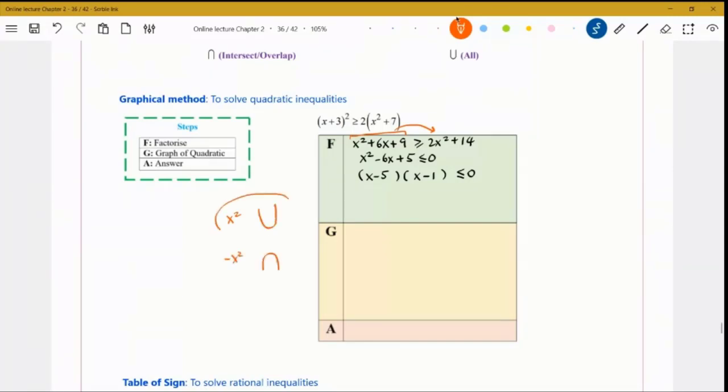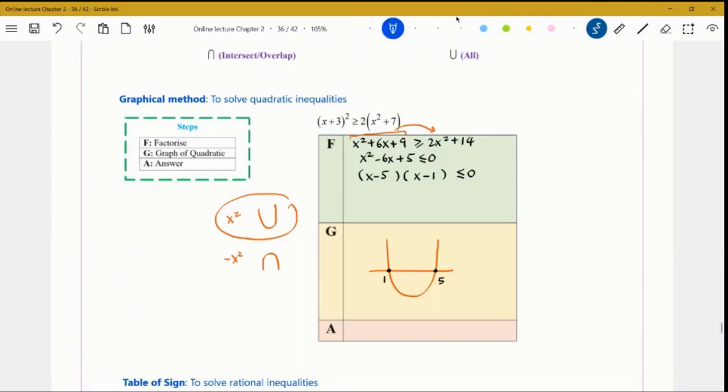So kita fokus kepada yang ini. So we're gonna have smiling shape and then it's gonna be then circle for 1 and then circle for 5. Kenapa then circle? Sebab di sini ada equal sign. Okay, so it's less than 0.